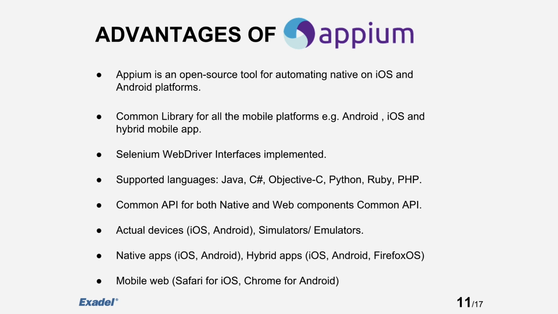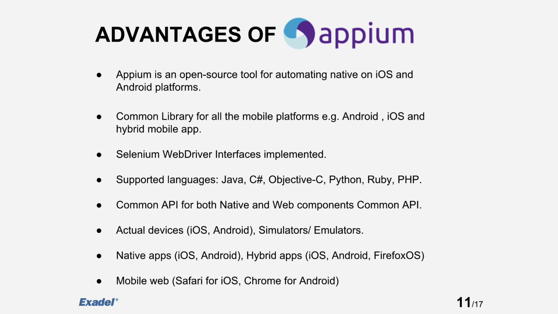Let's take a quick look at Appium. First of all, it is an open source library which can be used to automate testing of native, mobile web and hybrid applications that are under iOS and Android platforms. Appium was designed to fit the mobile automation needs in accordance with the following four tenets. Number one, there is no need to recompile an app or modify it in any way in order to automate it.